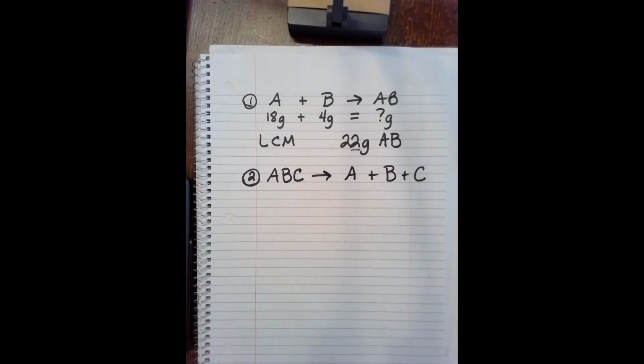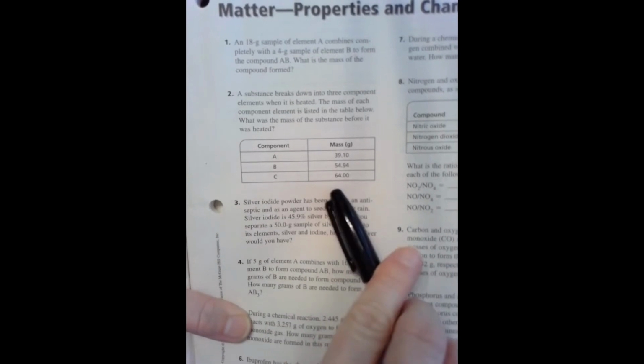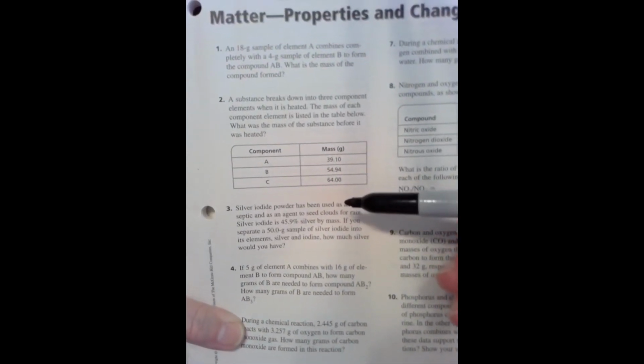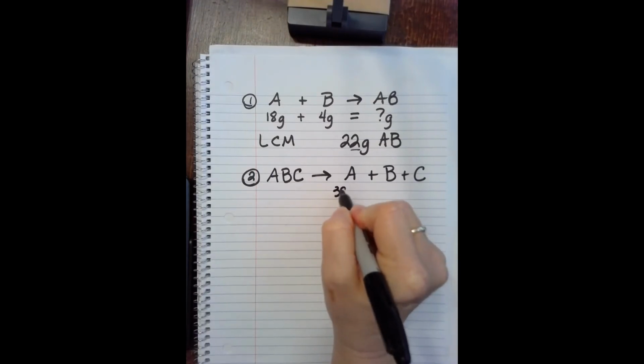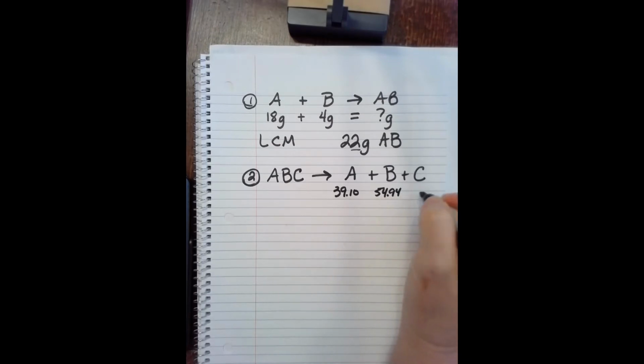And it says that when it's heated, this is happening. It says the mass of each element is listed in the table below. All right? So I'm going to just bring this back over here, okay? So when it's separated, we have these 3 masses. All right? So that's 39.10, and this is 54.94, and this is 64.